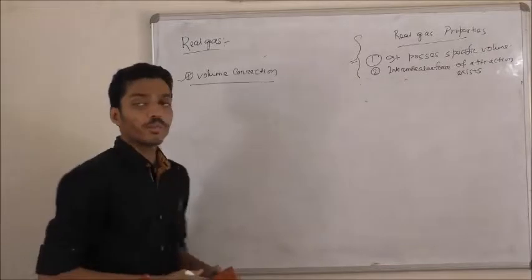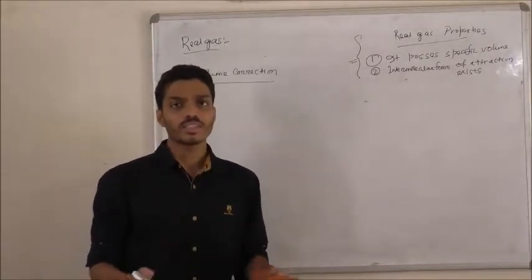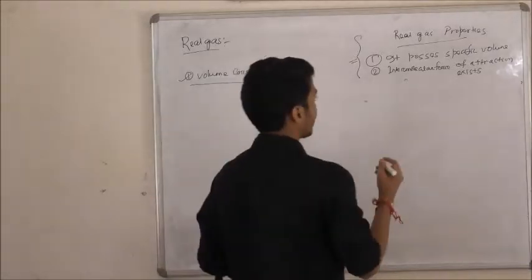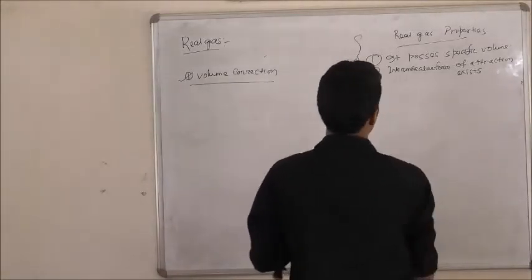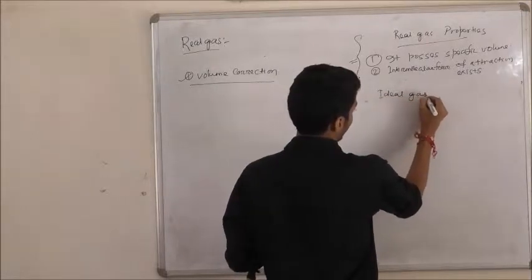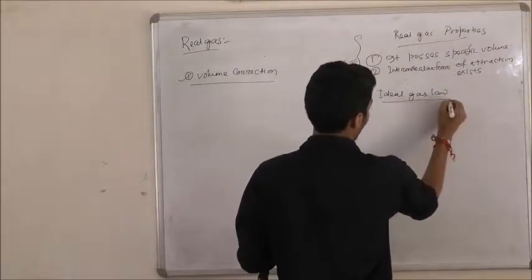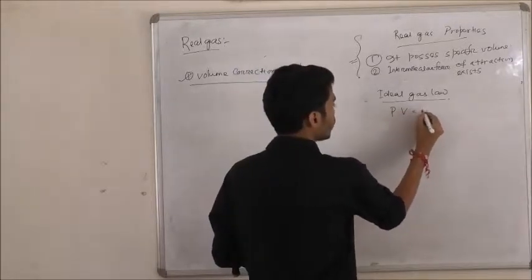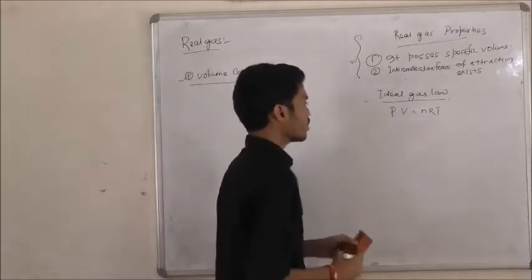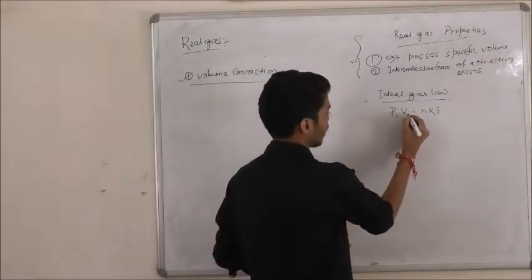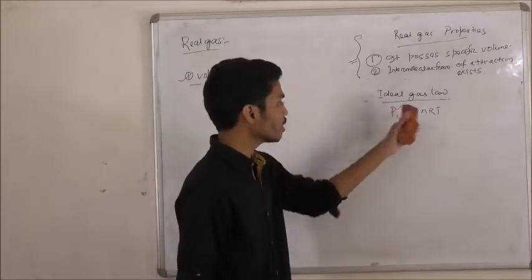Volume correction. Before starting the volume correction, let's write the ideal gas law first. And what does our ideal gas law say? The ideal gas law is PV equals nRT. And since we are using the ideal situation, we can write here P_i V_i equals nRT. So what are these terms?